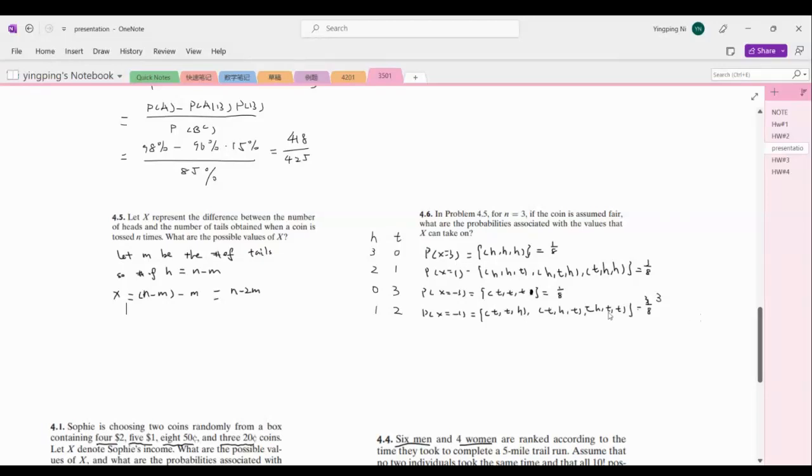When the heads have 2, tails have 1, the X is equal to 1. The probability is 3 over 8. When the heads is 0, tails is 3, the X is equal to minus 3. The probability is 1 over 8. The heads is 1, the tails is 2, and the X is equal to minus 1. The probability is 3 over 8. So adding all of them is equal to 1. And that's it. Okay, great.